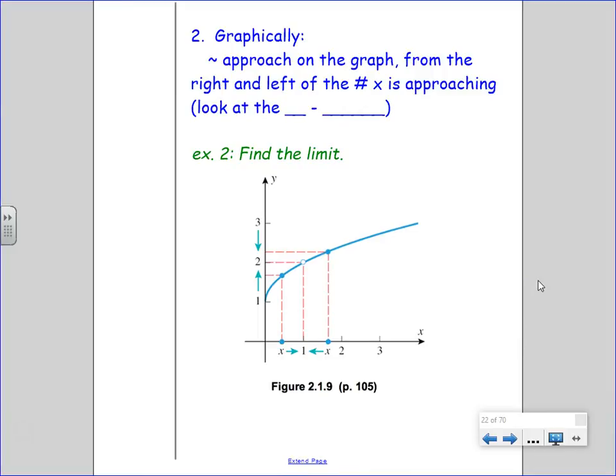We're looking at the y values still, but we're literally looking at the graphs. And so without even knowing exactly what function this is, if I was to label this f of x, and if I was to ask you to fill in the question based on the graph, the limit as x approaches 1 of f of x is, how would you respond?